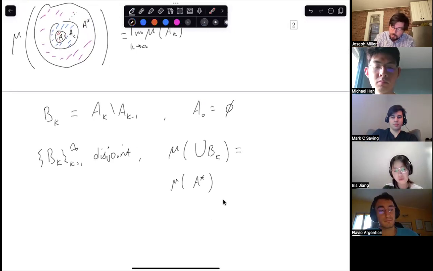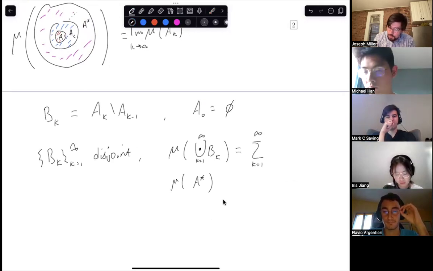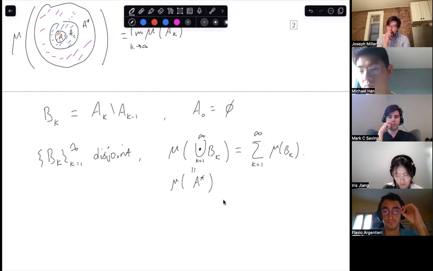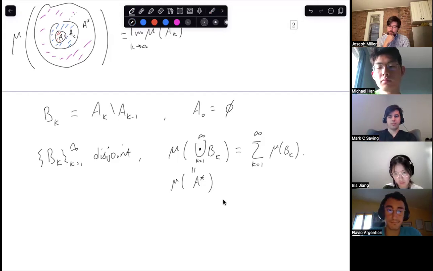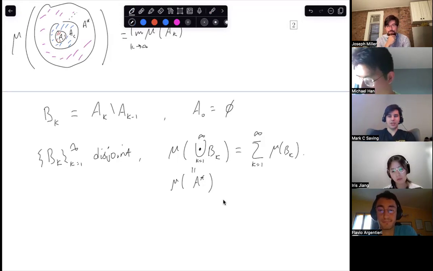And I know from the fact that these are all disjoint that this is just going to be the sum of mu of BK. Okay, what now? Yeah, then you rewrite the sum as a limit of the partial sums.